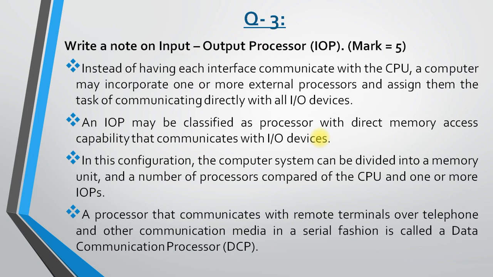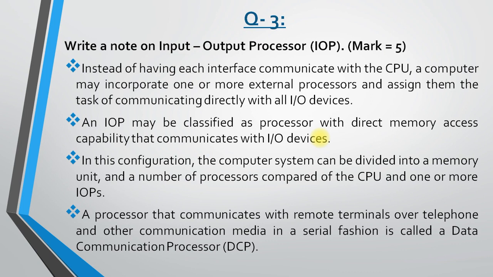A processor that communicates with a remote terminal over telephone and other communication media in a serial fashion is called DCP. DCP means data communication processor. See, you need to memorize the full form because it may be asked during the exam.